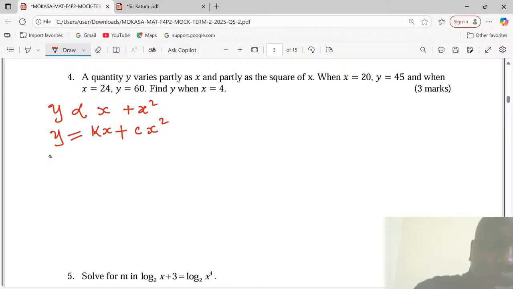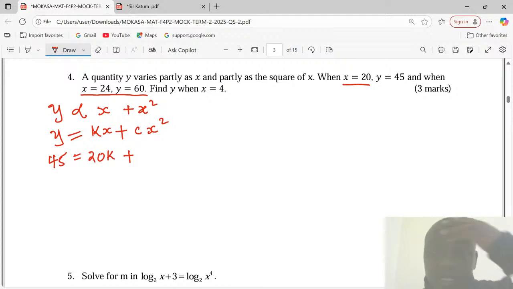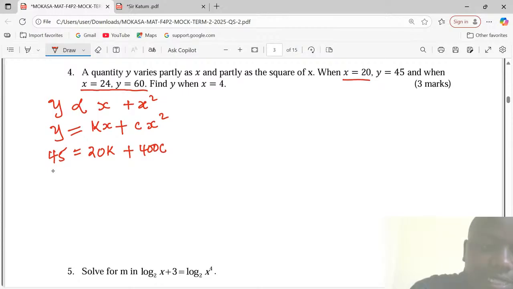So equation 1: 45 equals k times 20, so 20k plus 400c. Another condition is here for the same quantities, so this is going to be simultaneous.